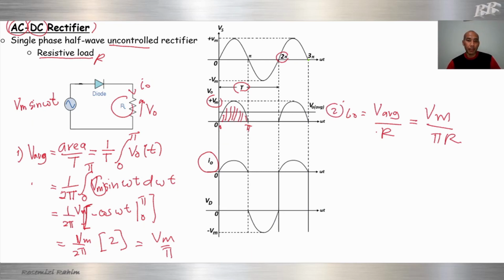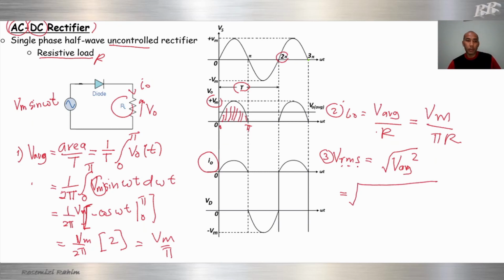The next is VRMS. VRMS means root mean square. Sometimes we call it mean, sometimes we call it average. So root mean square means the average of the voltage squared, and then the root.